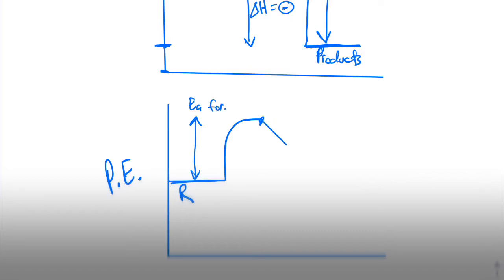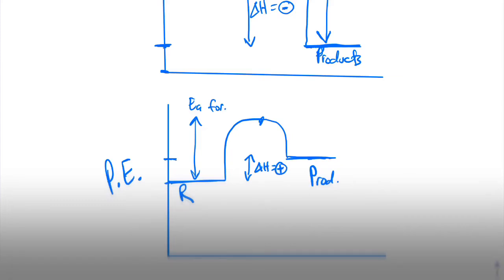And then, oops, I didn't mean for that to do that. So it's going to fall back down and then stop. So now you'll notice in this situation, my products have more potential energy than my reactants do. And so in this situation, my delta H is right here, and it's positive.